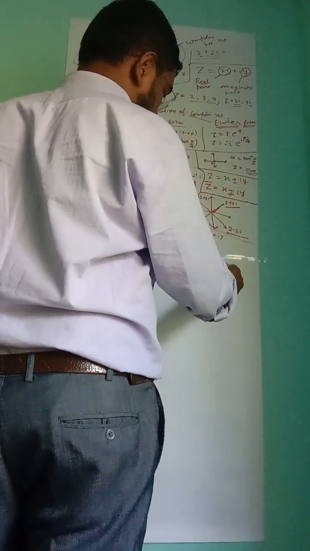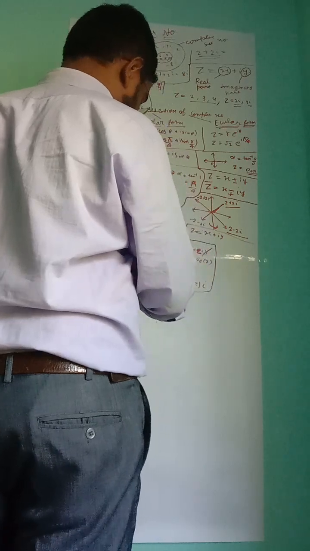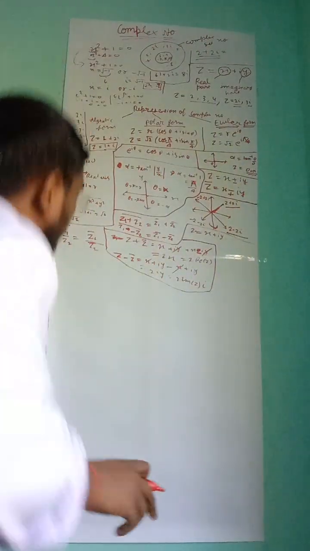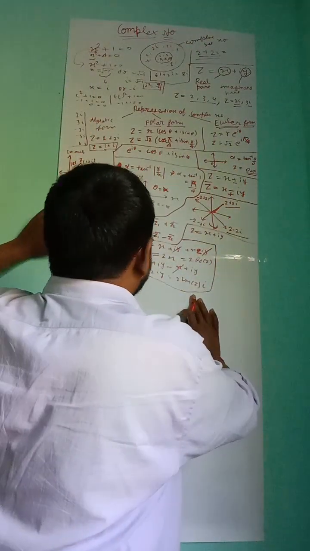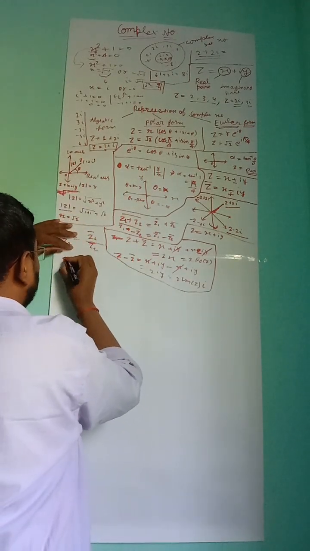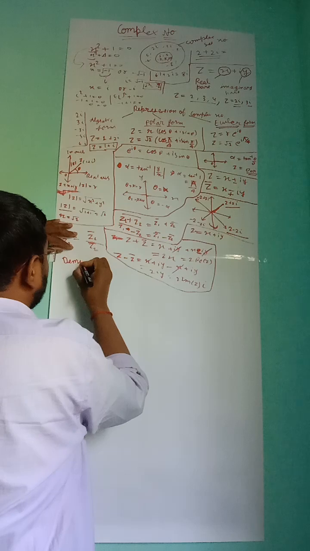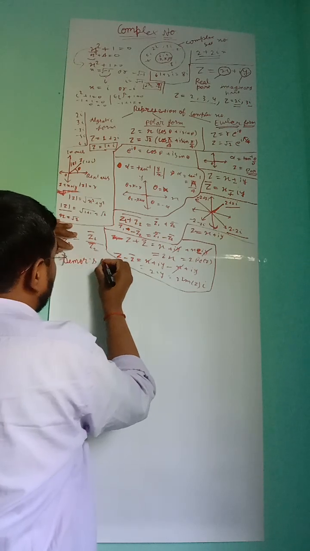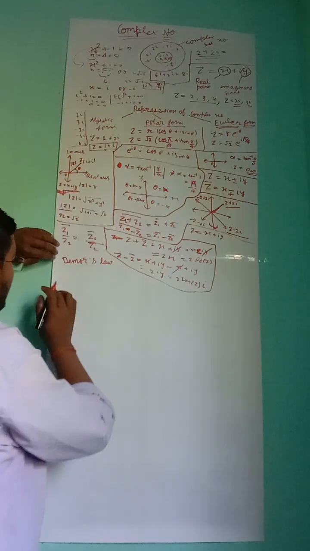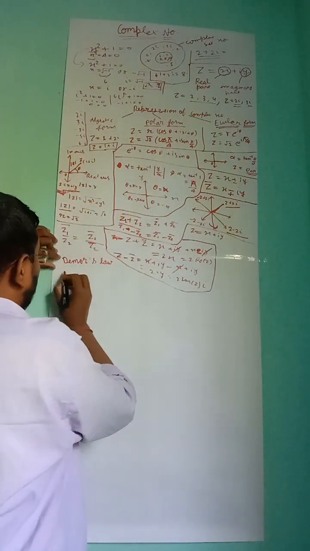So what is cube root of unity? Let's understand. And nth root of unity. Firstly we understand De Moivre's law, also called De Moivre's theorem.